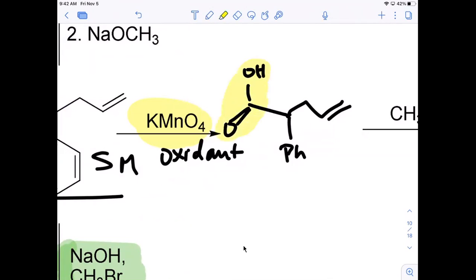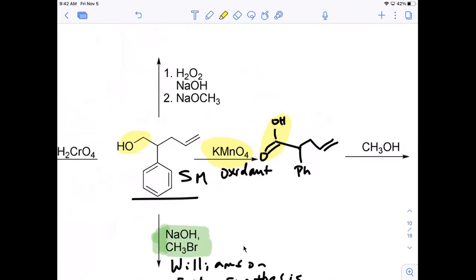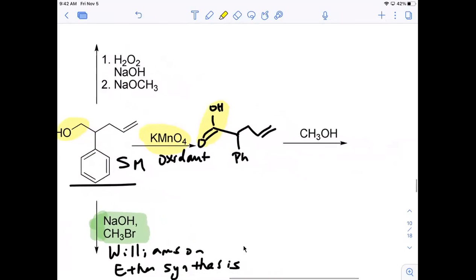It oxidizes primary alcohols up to carboxylic acids. It doesn't stop, right? Remember, we talked about the alcohol oxidation. The potassium permanganate won't stop at the aldehyde stage. It'll keep going until it has oxidized the carbon all the way up to the acid state. All right, now what if I take the acid and react it with an alcohol? Let me give you some other conditions. And I heat it up.